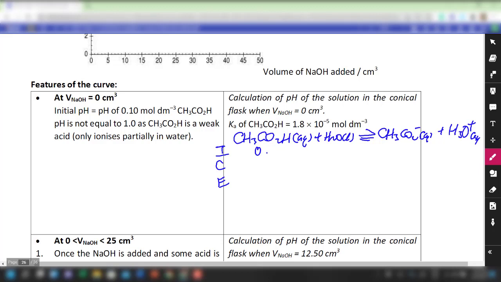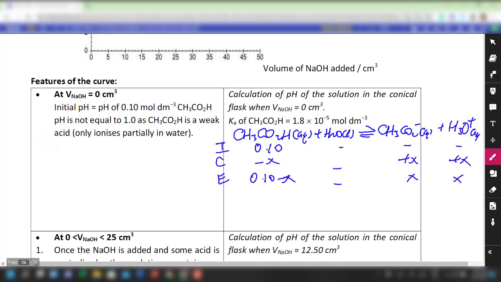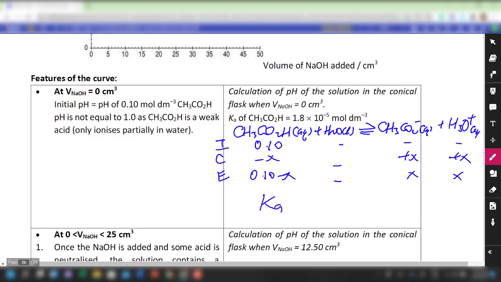Initial concentration is 0.10, then minus x, plus x, plus x, so this will be 0.10 minus x, x. We can easily determine the Ka, which is given to us anyway, 1.8 times 10 to the power minus 5, so that will be x squared over 0.10 minus x.